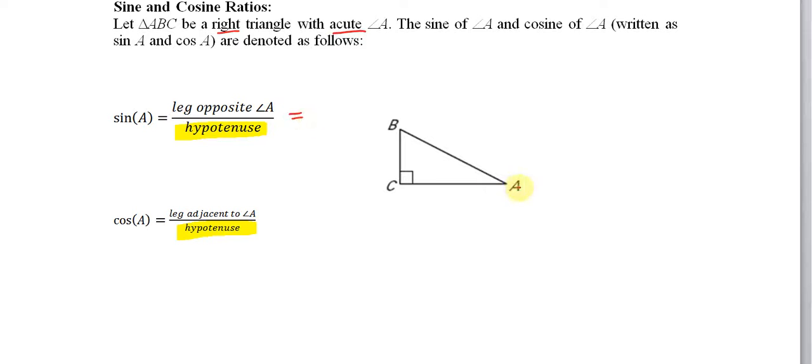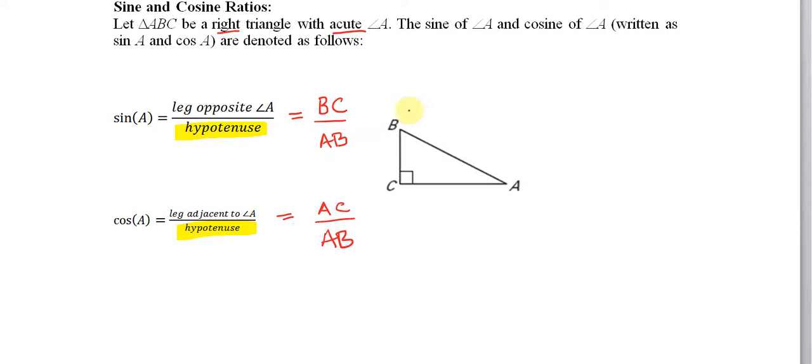The leg opposite angle A is BC, and the hypotenuse is AB. And then the cosine ratio is the leg adjacent to angle A, which in this case is AC, over the hypotenuse, which is AB. So these are the two ratios, the sine and cosine ratio, using angle A.